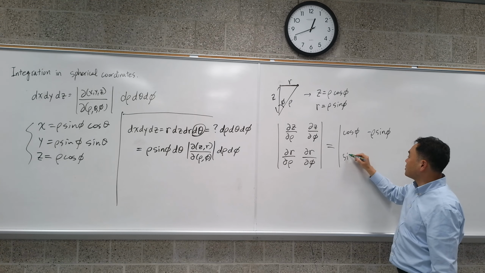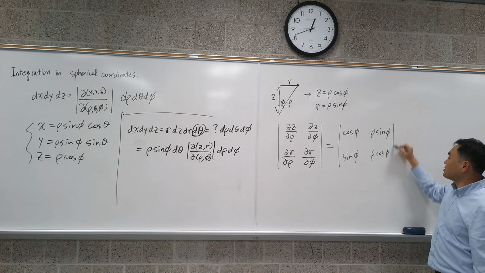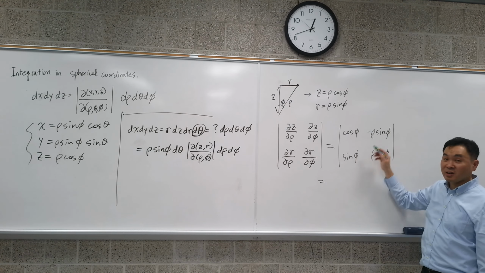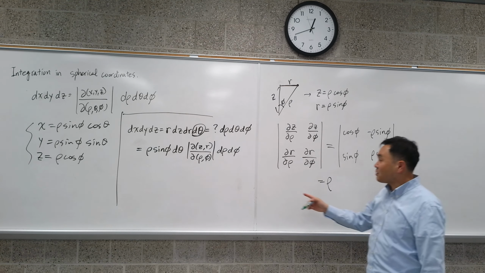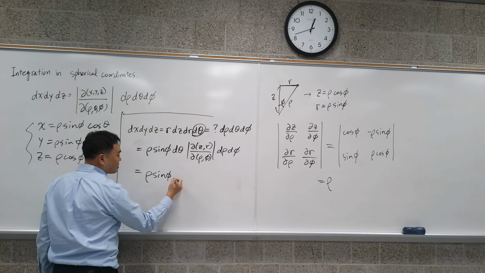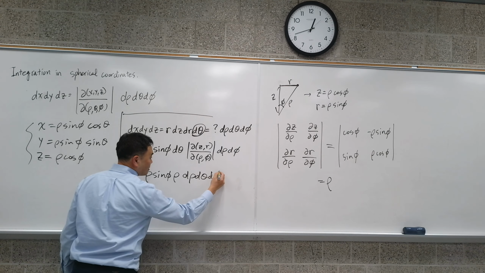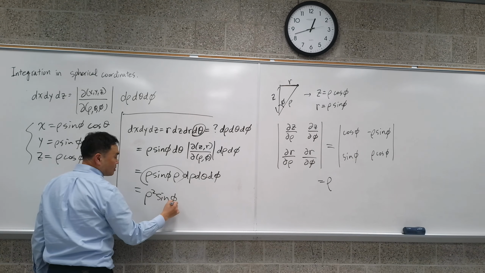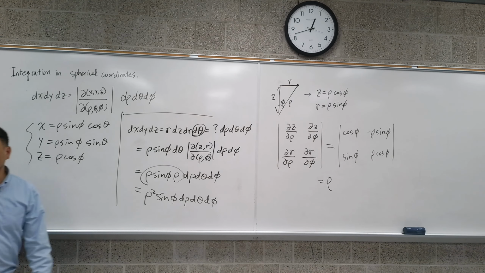You get sine phi here, and then positive rho cosine phi. This becomes cosine squared plus sine squared, which is 1, and rho is multiplied, so you get rho. Then if I replace that by rho, I have rho sine phi times rho d theta d phi, and rho times rho is rho squared, so finally you have this, as what I was explaining in terms of geometry, okay?